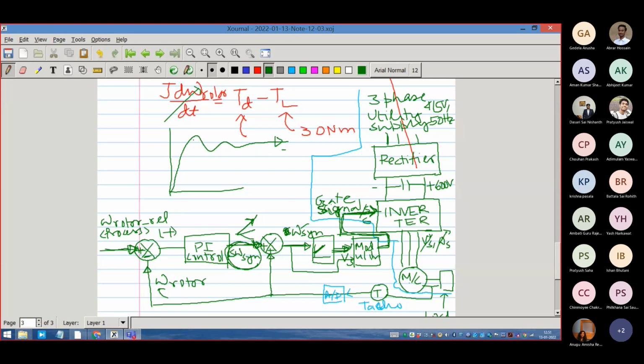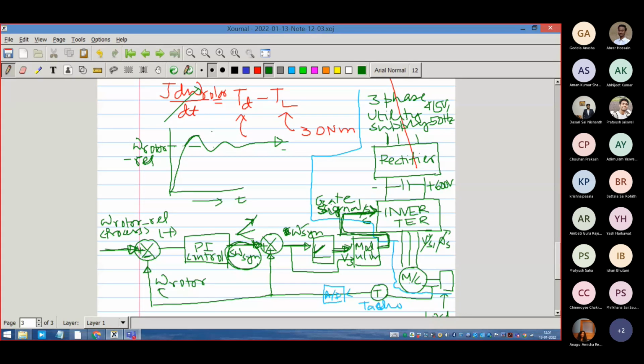Before that, here you see that this is the reference speed, omega rotor ref. This is this value. The actual omega is this. This is time. So in this portion, you see that the rotor speed had increased more than the reference speed.